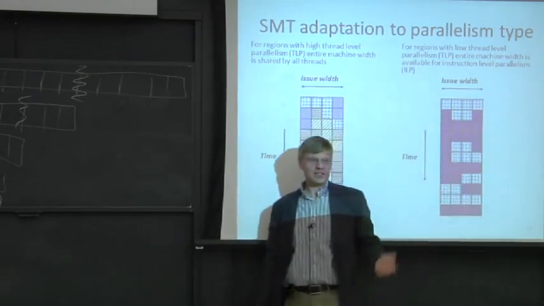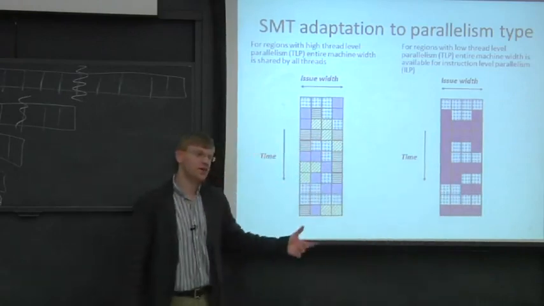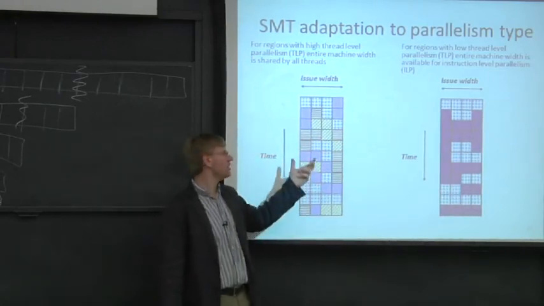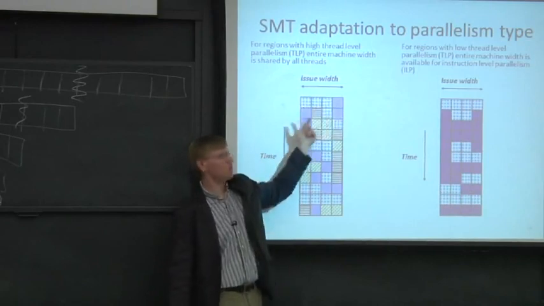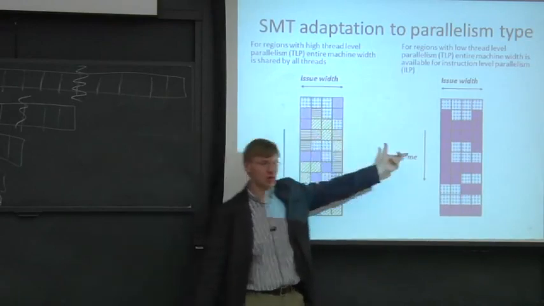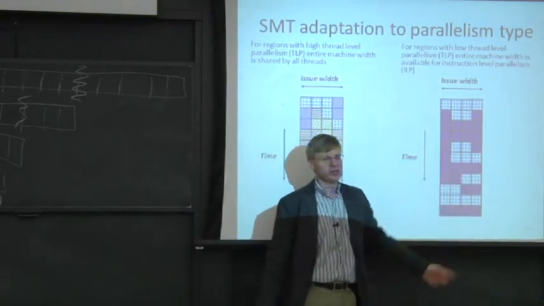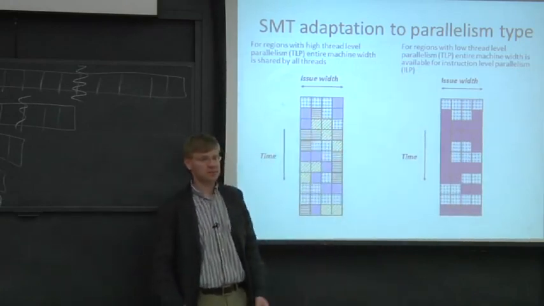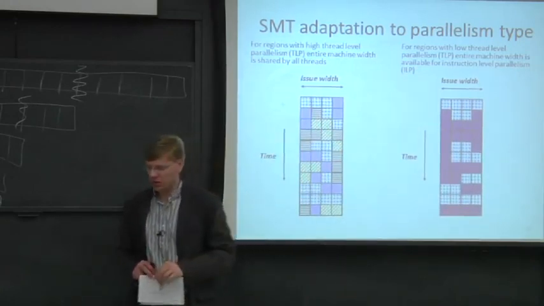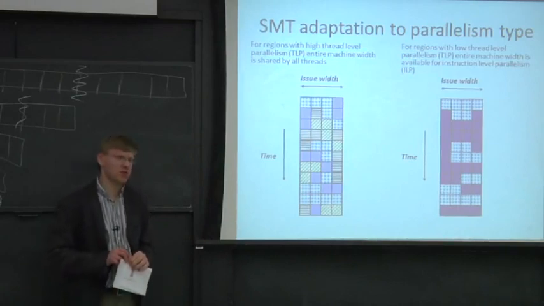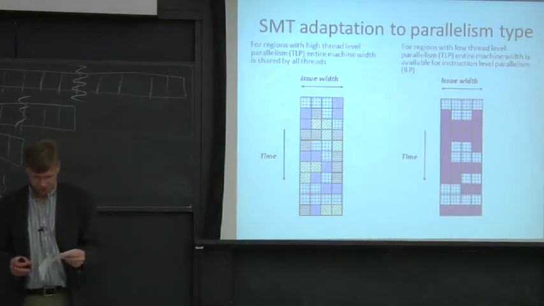Well, let's say it's the exact same program executing on the same cycle. You could actually have the machine issue different amounts of instruction level parallelism from a thread, depending on if there's multiple threads running. And this is what these truly multi-threading machines, simultaneous multi-threading machines, attempt to do.